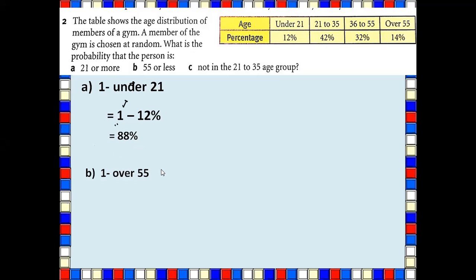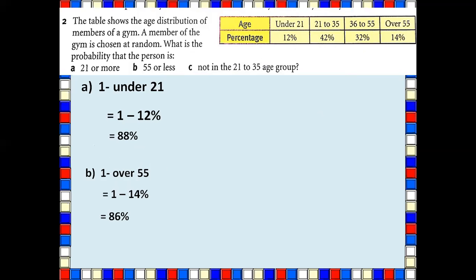So we do 1 minus those who are over 55. What we need is, what's the percentage of choosing someone who is age 55 years or less? I mean 55, 36, 21, all of these who are under 55. So we need 1 minus those who are over 55%. It's gonna be 86%. Yes, it's 86%.